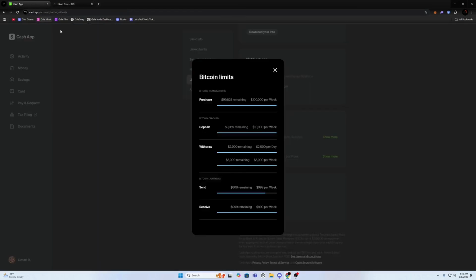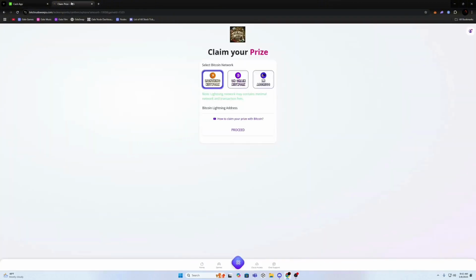And it's going to be denied because you went over that $999 per week limit. So, it is very vital, crucial that you remember and take into account what your Lightning Network limits are for whatever wallet you're using.